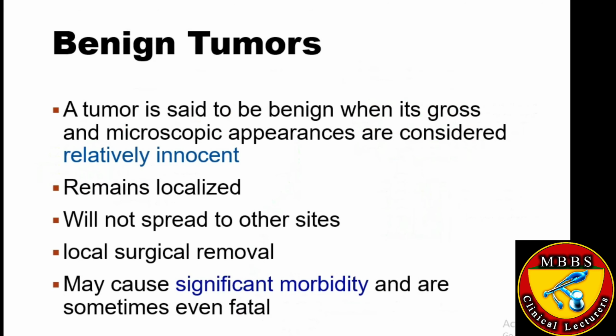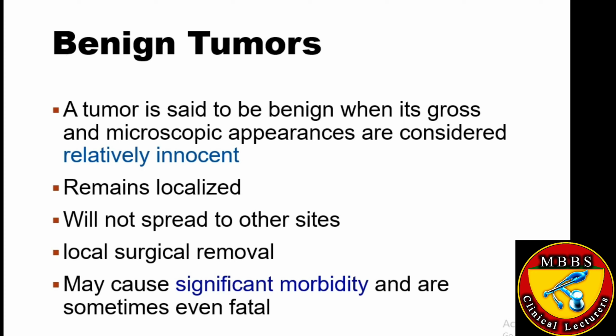Coming back to the benign and malignant tumors. First, the benign tumor. A tumor is said to be benign when its microscopic features are considered relatively innocent. They are only relatively innocent because they can still harm the body. They can produce pain and pressure effects. But since they do not have those aggressive aspects, they are not going to kill a person.